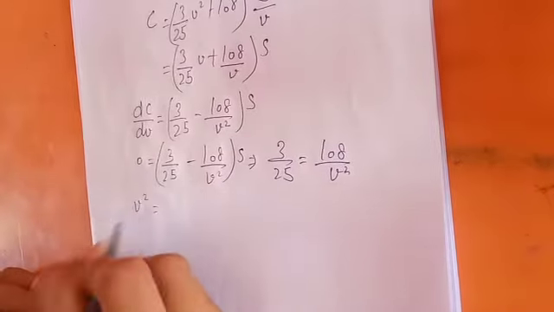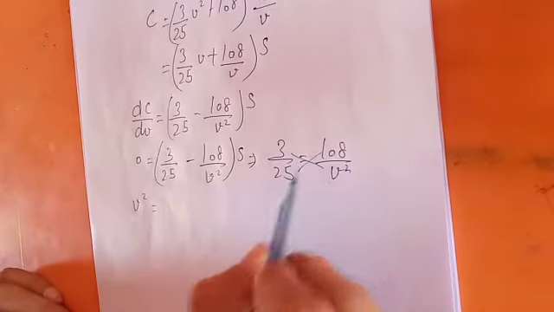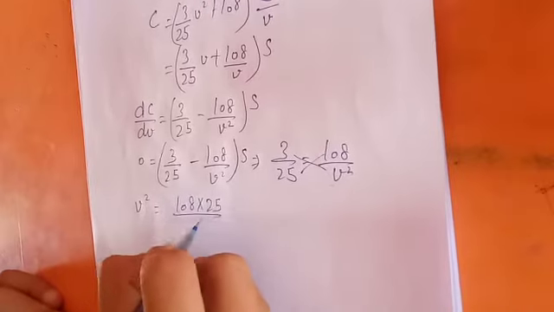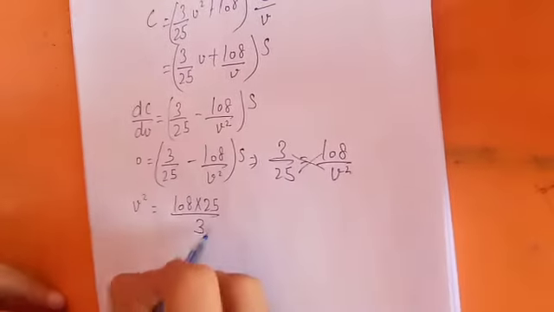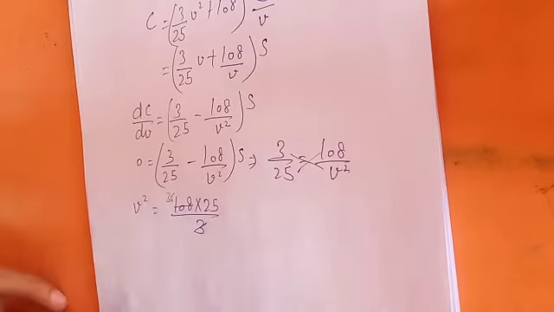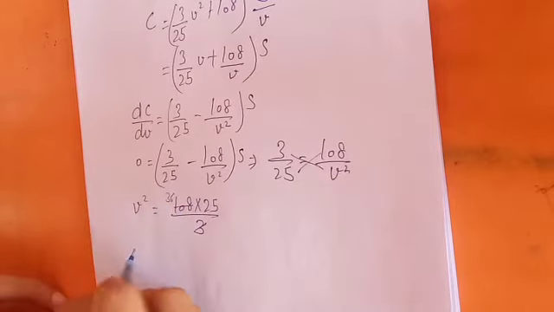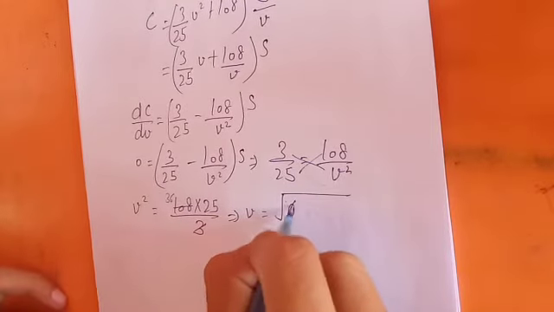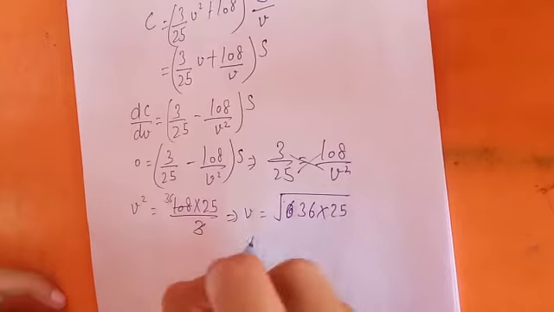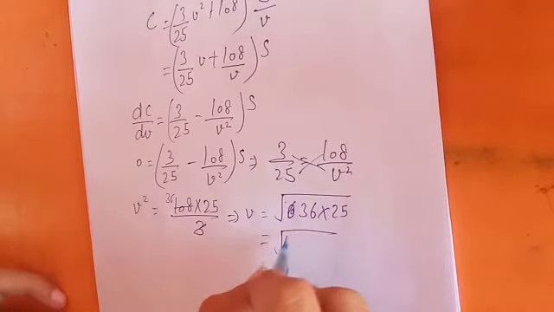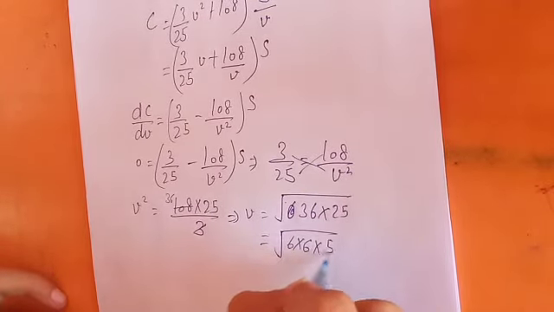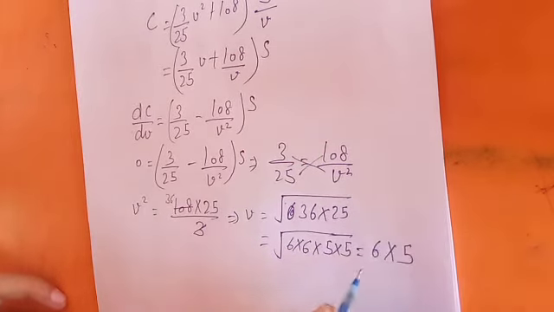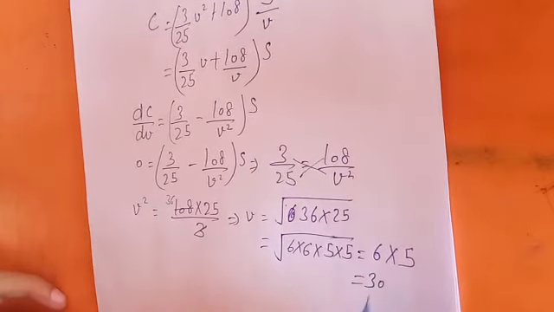From here, after cross multiplication, v square will be equal to 108 into 25 by 3. This will be 36 into 25. Okay, so from here v will be under the root 36 into 25, so that will be 6 into 6, and 25 will be 5 into 5, so that will be 6 into 5 outside the root, that is 30.